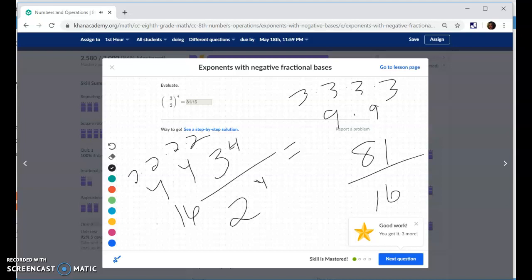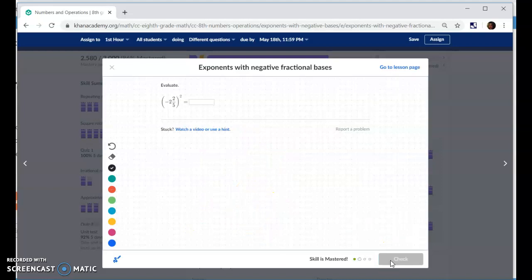Okay, it was simplified. Okay, so what did I do? I essentially did this right here. 3 to the 4th power over 2 to the 4th power. Okay, and then for this next one, all we're going to do is turn this into an improper fraction.